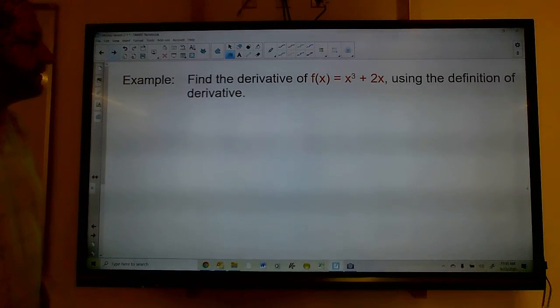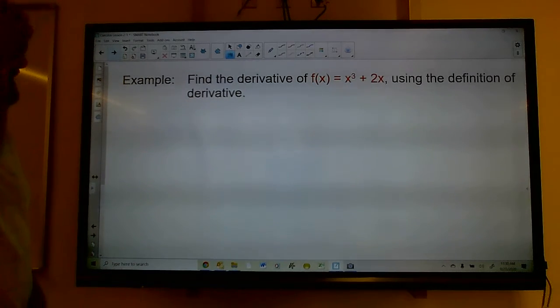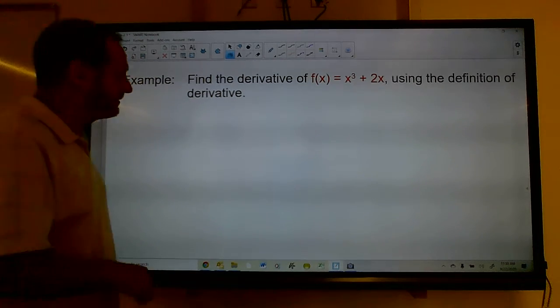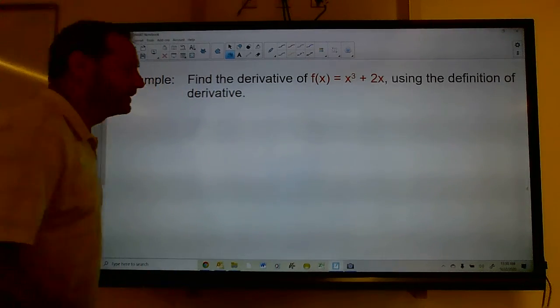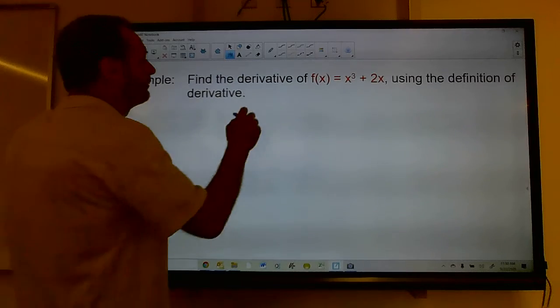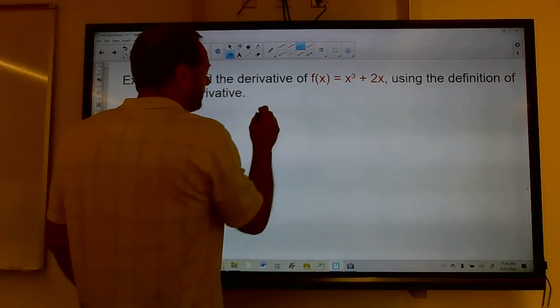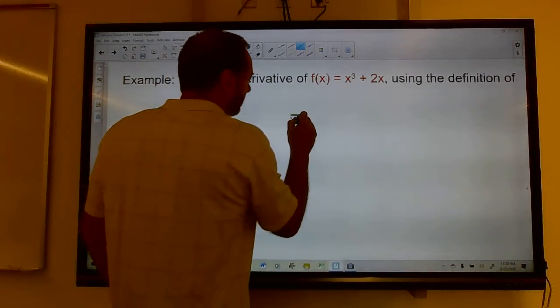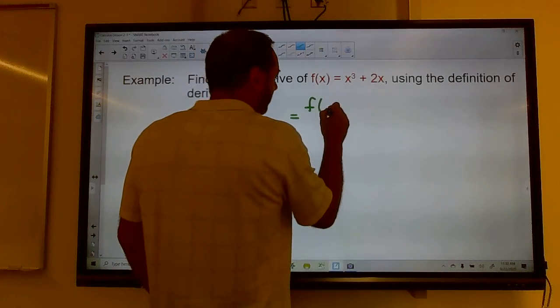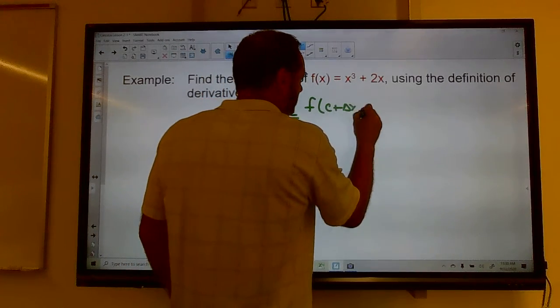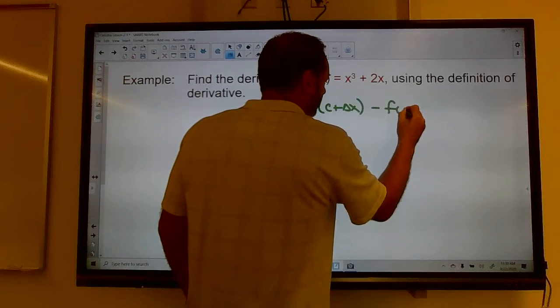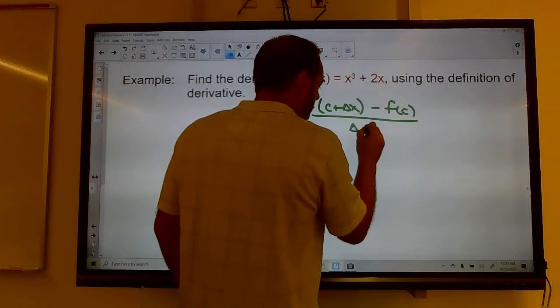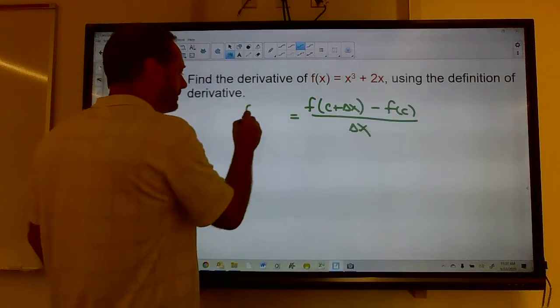Find the derivative of f of x equals x cubed plus 2x using the definition of the derivative. It's always a good idea to write down your formula. So my derivative is going to be f of c plus delta x minus f of c over delta x.